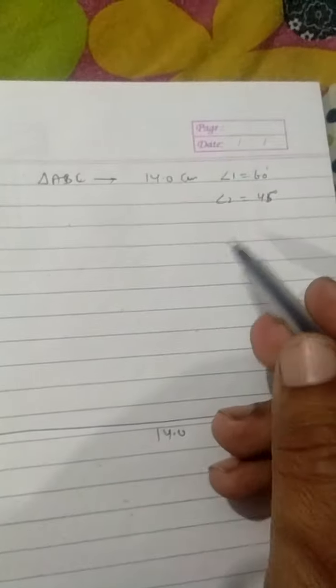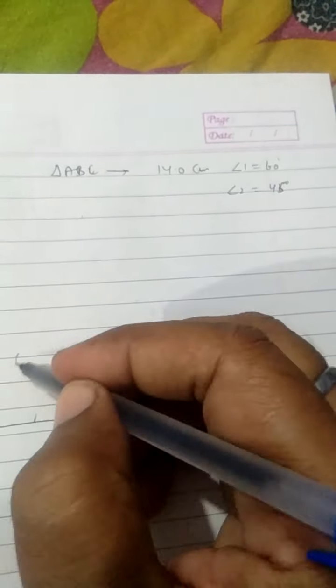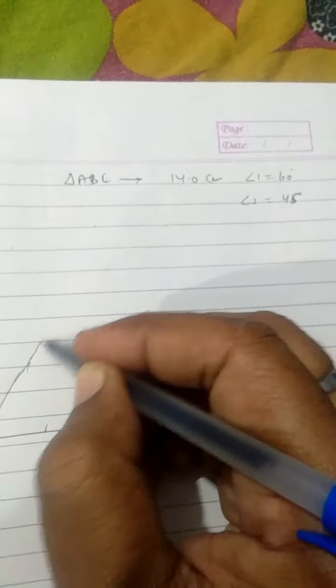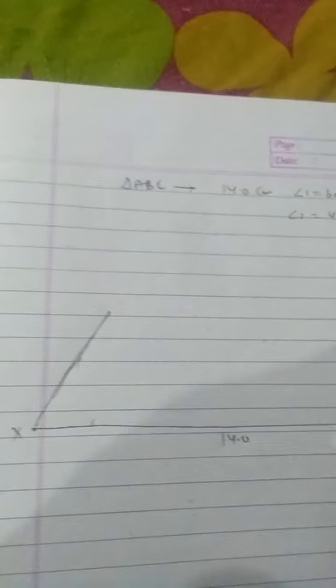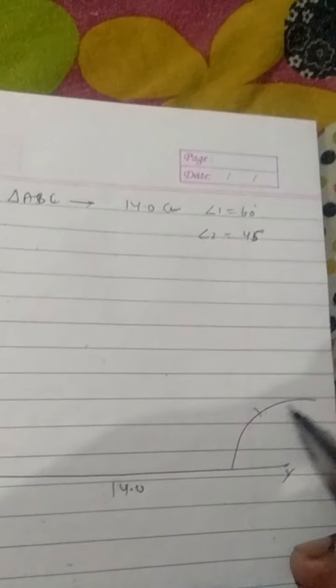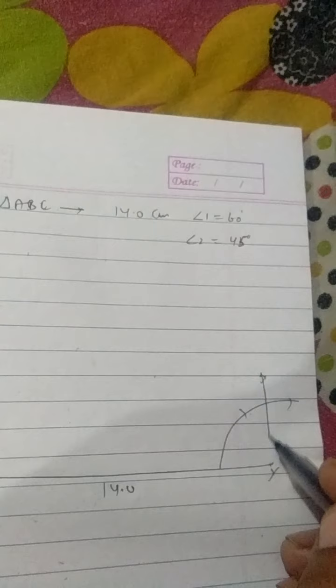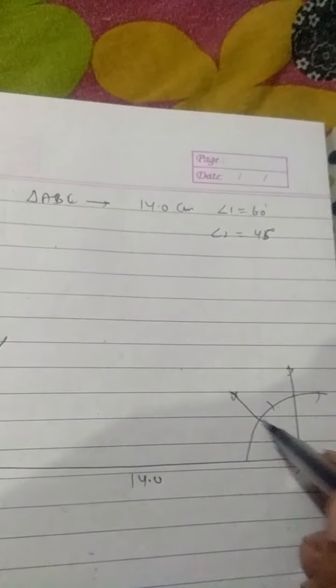Next we draw a given angle at both ends as a 60, make a arc. Next 45, so firstly we make as a 90 arc of this and then half it, so this is equal to 45.